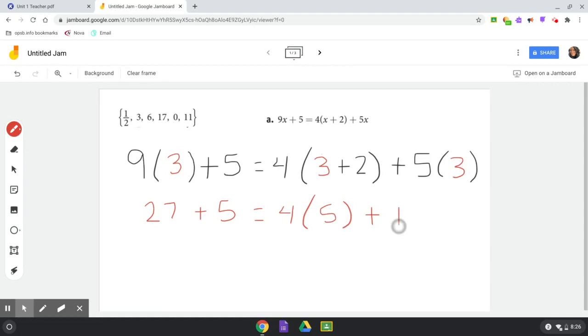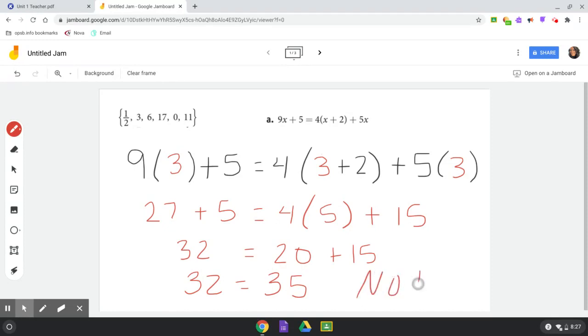Plus 5 times 3 is 15. 27 plus 5 is 32. 4 times 5 is 20 plus 15. All right, so now I get 32 equals 35. Is 32 equal to 35? No. So that's no solution. 32 does not equal 35. So 3 is out.